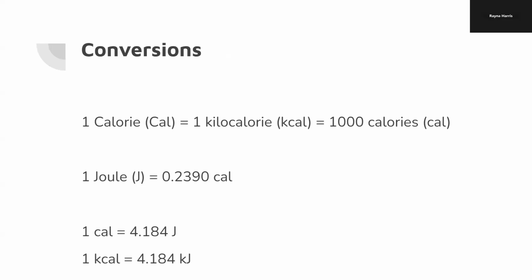Is it on there somewhere? Energy, yeah, in the energy section, these conversions are written down for you. Cool. 1 calorie equals 4.184 joules. Any questions about the conversion so far? We're going to be working with these numbers a decent amount today and tomorrow.